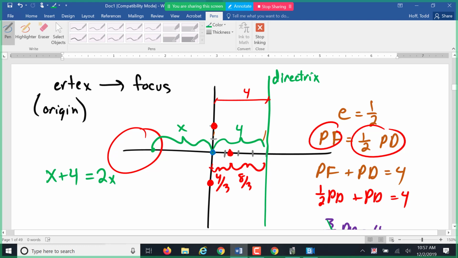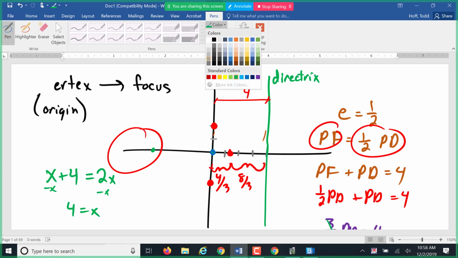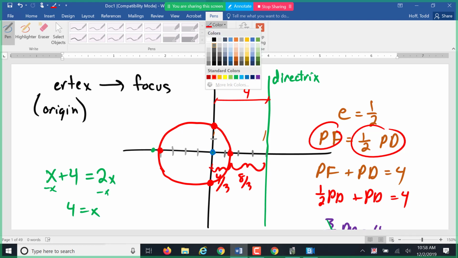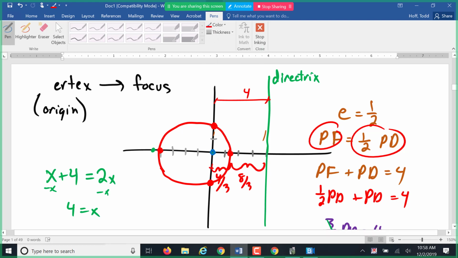So if I solve this, subtracting x from both sides, I get 4 equals x. So that's telling me I have to go 4 units this way to find the point that's on that ellipse. So there's my next point on the ellipse. So there it is. The ellipse. So I've graphed that from the polar equation. Now let's look at some other polar equations.